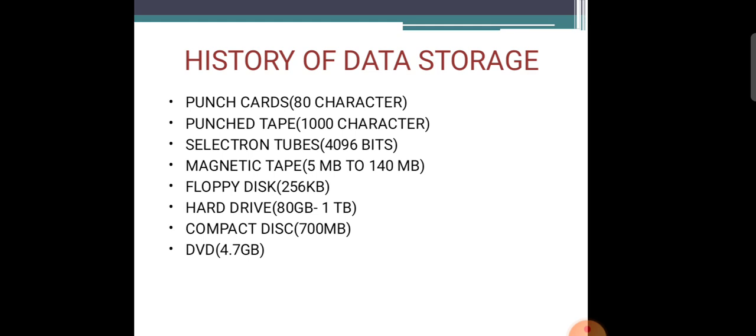Fifth one, floppy disk, 256 kilobytes or KB. Sixth one, hard drive, 80 GB to 1 terabyte. Compact disk, 700 MB. The last one is DVD, 4.7 GB.